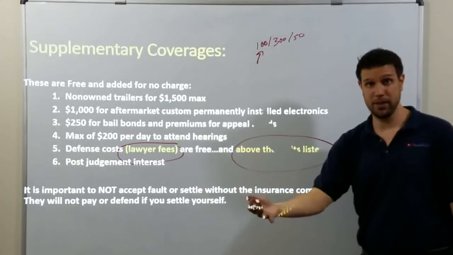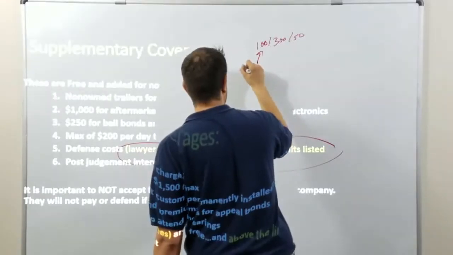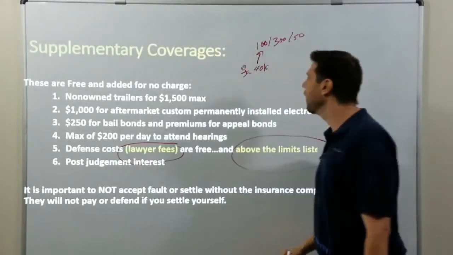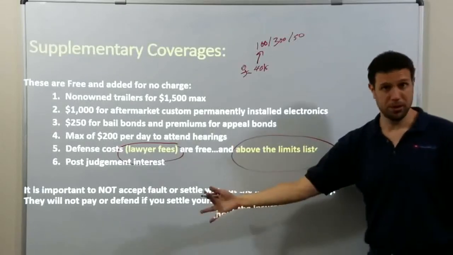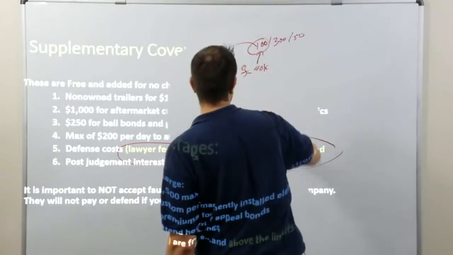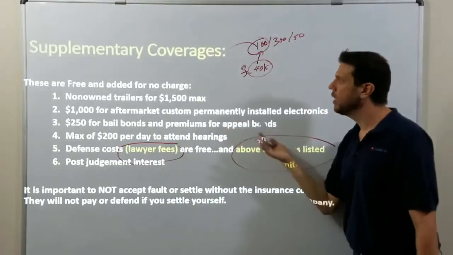They want to fight it. So the insurance company hires a lawyer, and the lawyer costs $40,000. And they lose. Your policy will pay the guy you hit the 100 and the $40,000 lawyer fees.